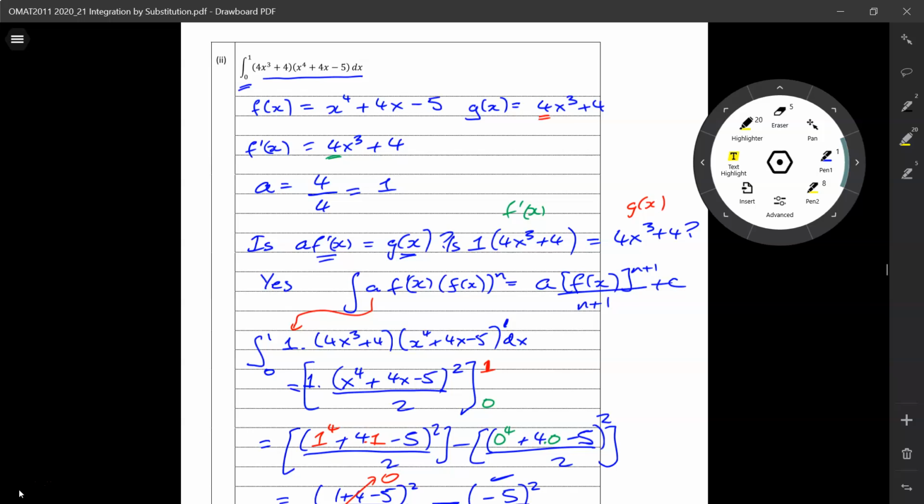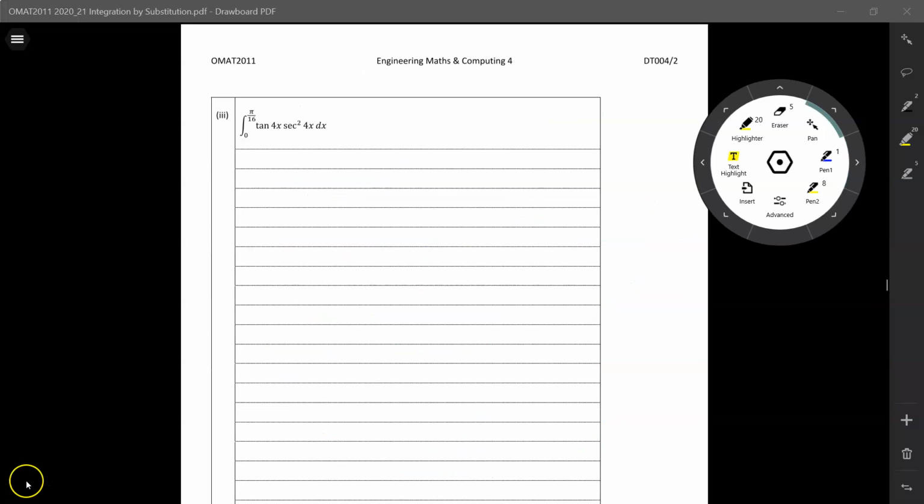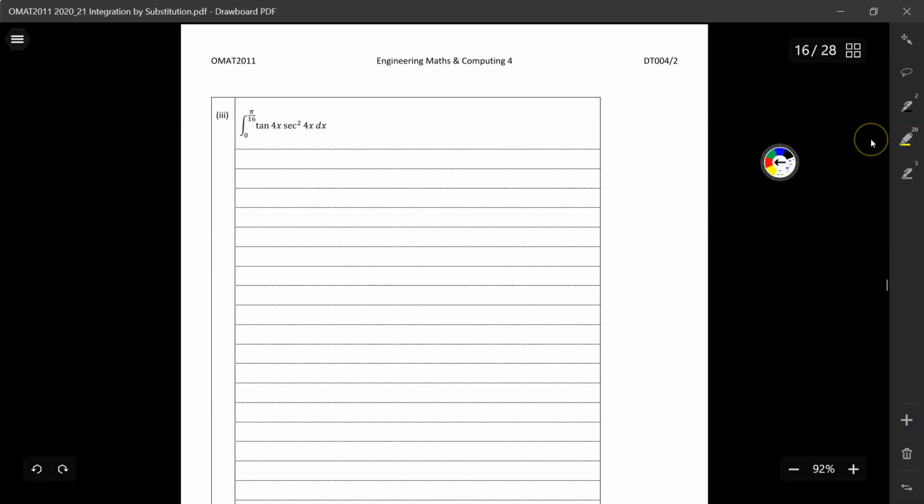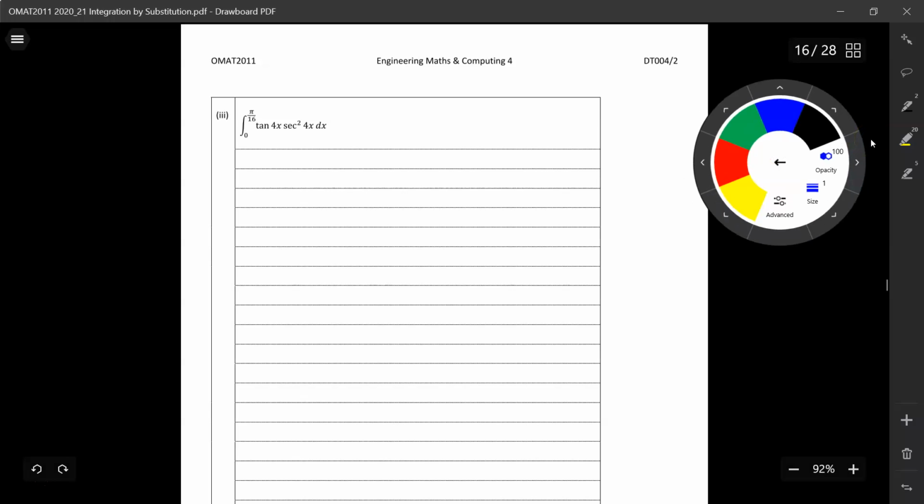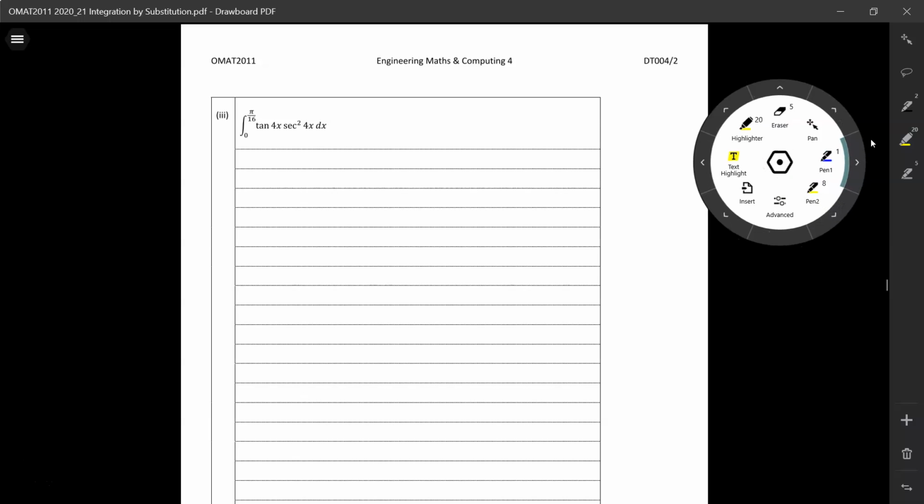Okay, I'll move on to the next one shortly. In this case, question 3, we have a trigonometric function, and you have to know this from your log tables. You'd have to check your mathematical tables to see which one might be the derivative of the other.